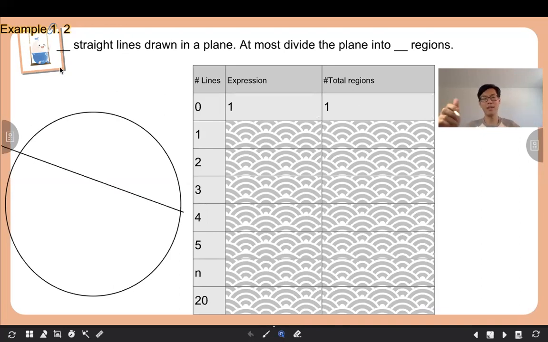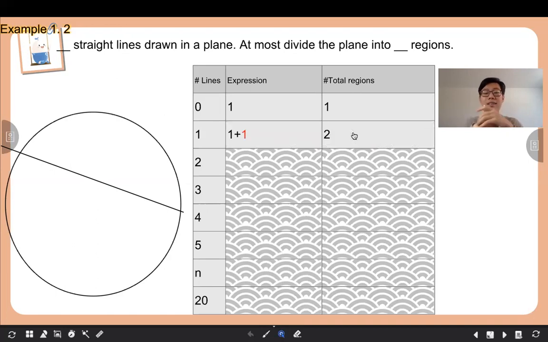Okay, so how many divisions, regions do we have? Yes, we have 2. And I'm going to write it like this again. So why is there a red one? Remember our previous example, Teacher Michael also wrote this red number. It indicates the new stuff, the number of new regions we are having because of this line. That's why the 1 is red.